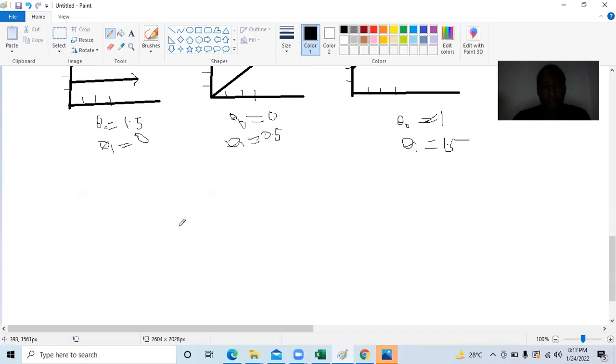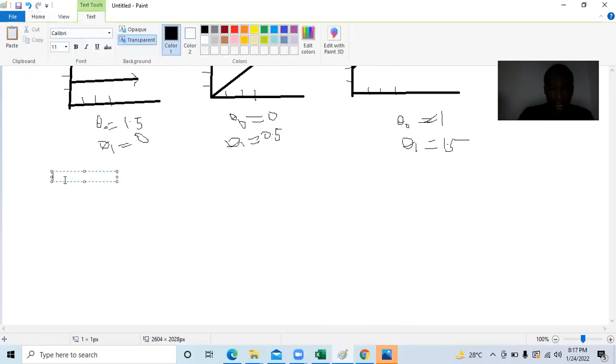So the basic idea, I need you to write this down. The basic idea is to choose theta 0 and theta 1. Let me use Q for theta on the keyboard.